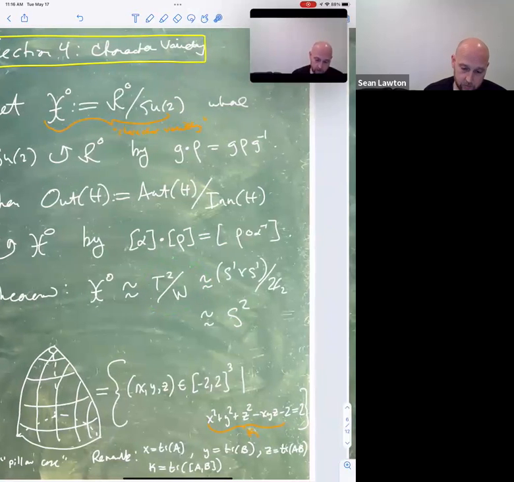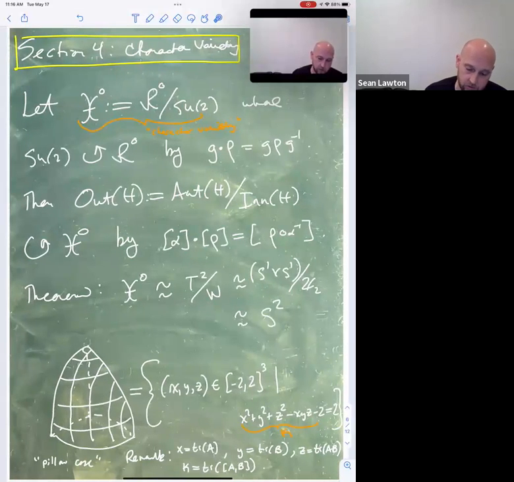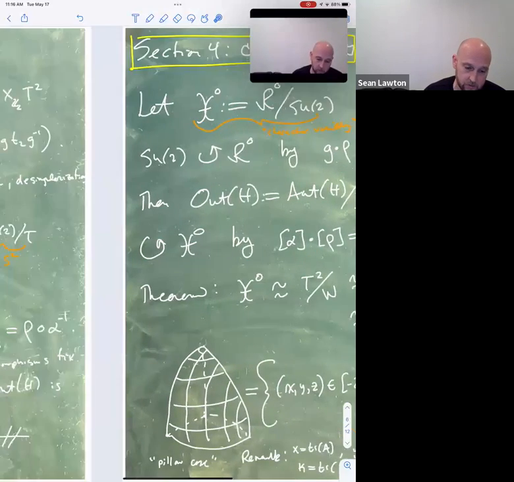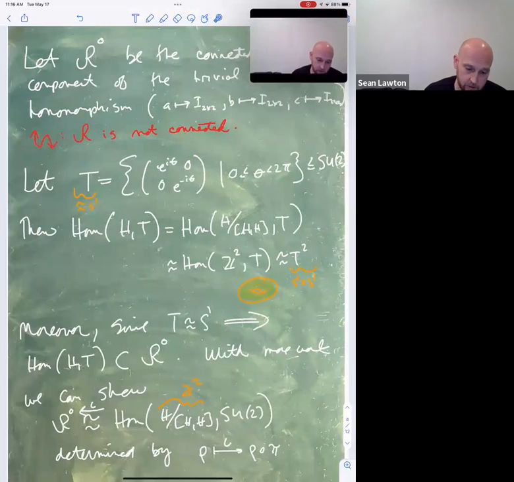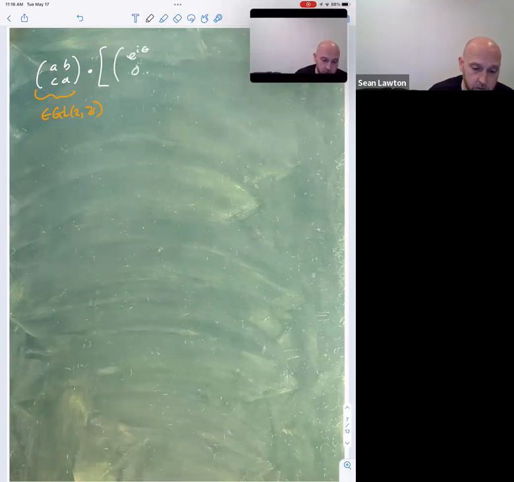So you have 2 elements of a circle up to the Weyl group action, but remember those elements of the circle are actually diagonal matrices. Let's go back to that. They're actually here. Okay. So you have an equivalence class of 2 diagonal matrices in a maximal torus.